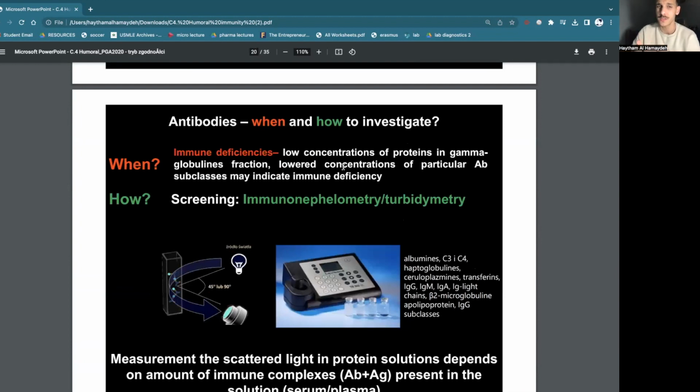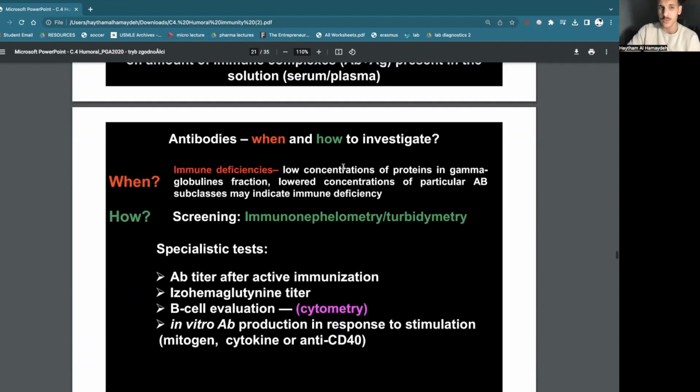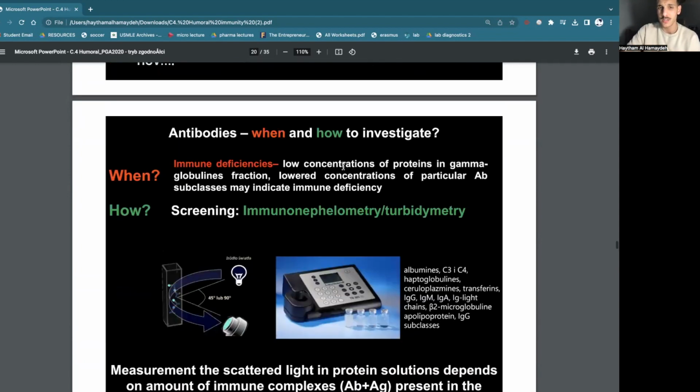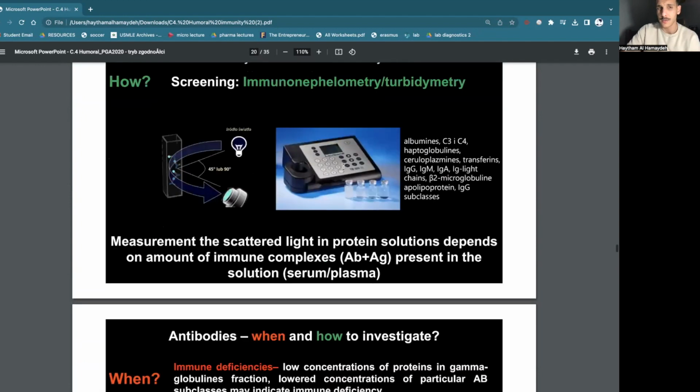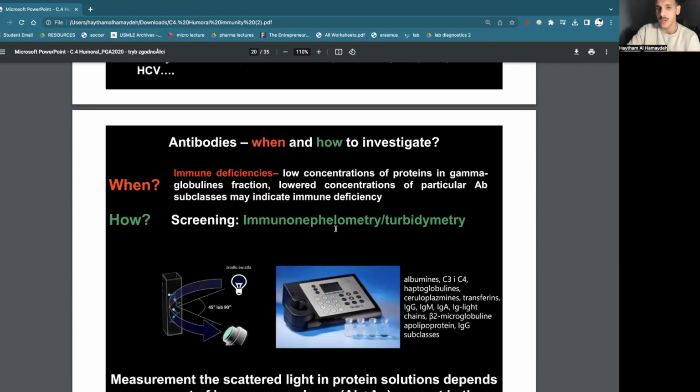Now, immune deficiencies. During an immune deficiency, we can also use two methods. The first one is basically immunonephelometry. This is where we use light to scatter off complexes of antibody-antigen.